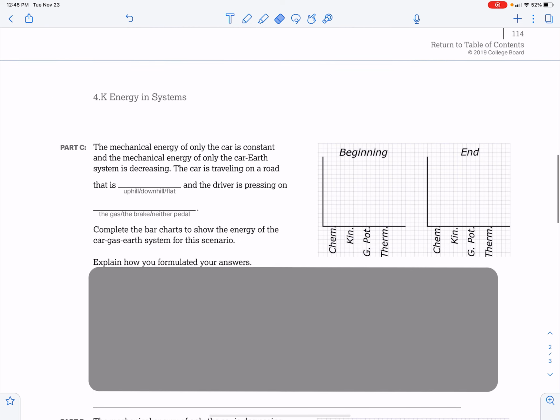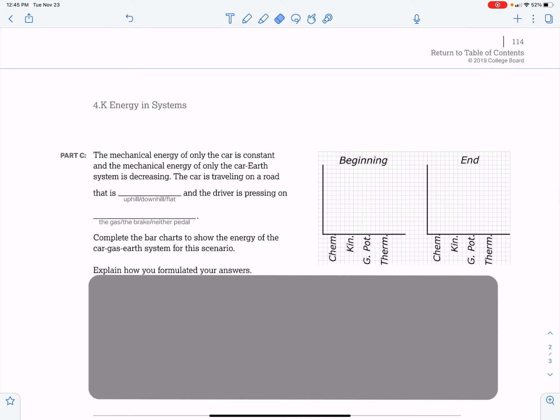Part C. The mechanical energy of the car is constant, and the mechanical energy of the car Earth system is decreasing. Well, the energy relating to the car being constant means the kinetic energy and the speed are constant.